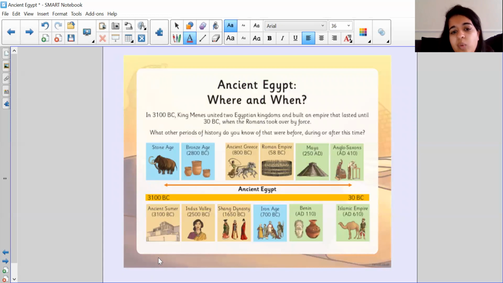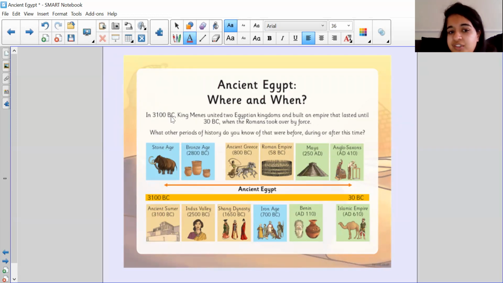All right, so where does ancient Egypt come into place over here? Well, if you look, we've got the Stone Age, which we talked about, and the Bronze Age, and those happened all around 2800 BC. Somewhere in between over there, you've got ancient Egypt, which started in 3100 BC.